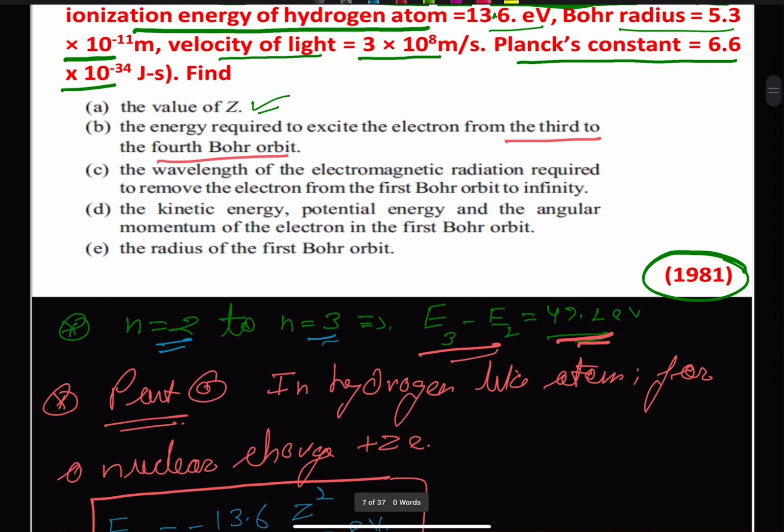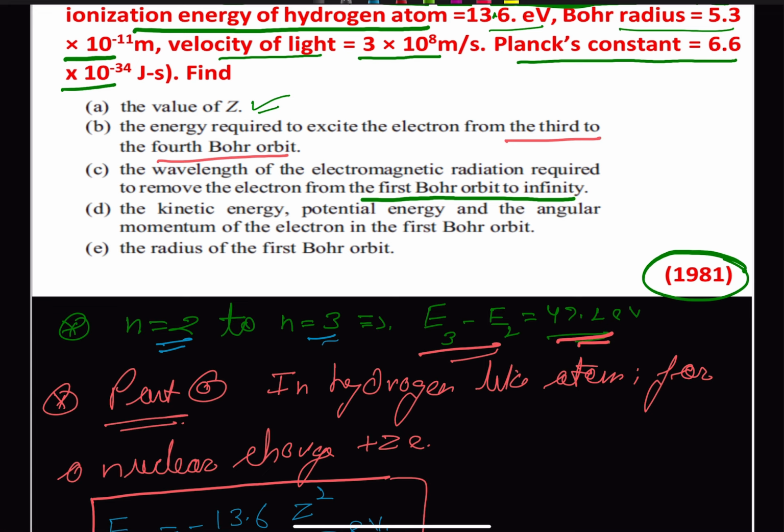And part C states the wavelength of EM radiation required to remove the electron from the first orbit to infinity. So we have to move from the first orbit to infinity. We can just use our basic equation that E is equal to hc upon lambda, and we require to find out our E from 1 to infinity.